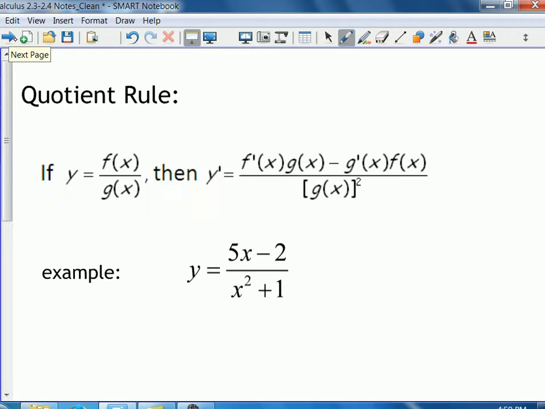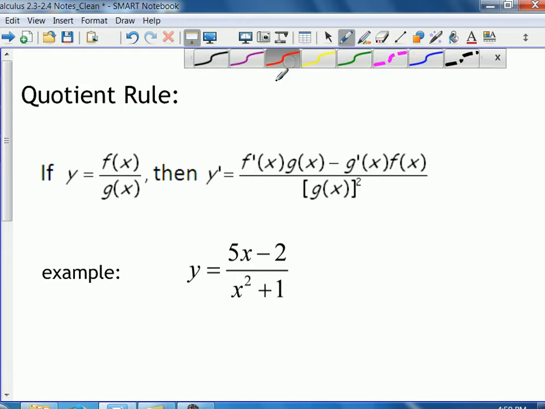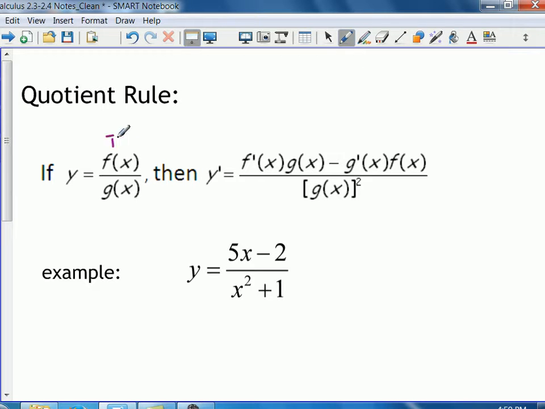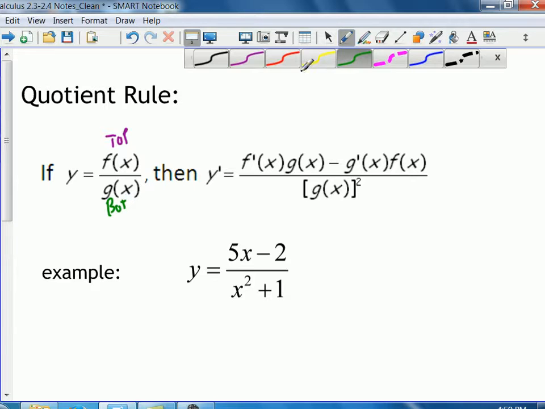Let's keep looking. So the quotient rule. If you look at this for a couple seconds here, let's use purple and green this time because we're going to do a different color coding scheme. This is the top and this is the bottom. And I'll just put bot. So you're doing the derivative of the top, right?